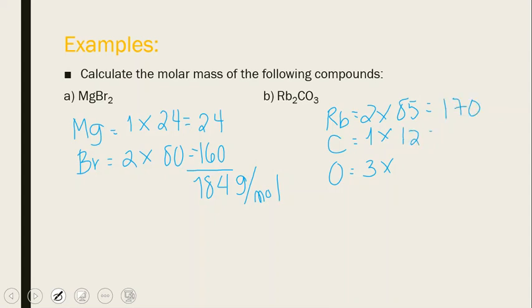Carbon is 12 times 1 is 12. Oxygen 16 times 3, 48, and add. 12 grams per mole.